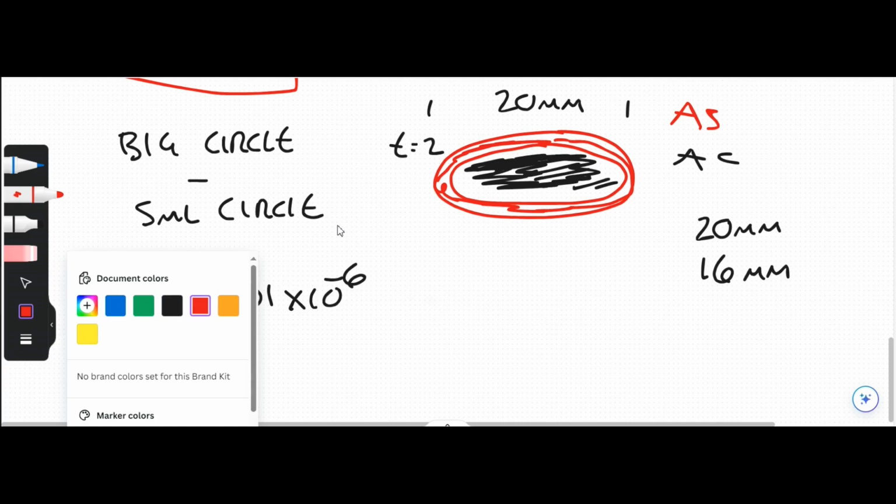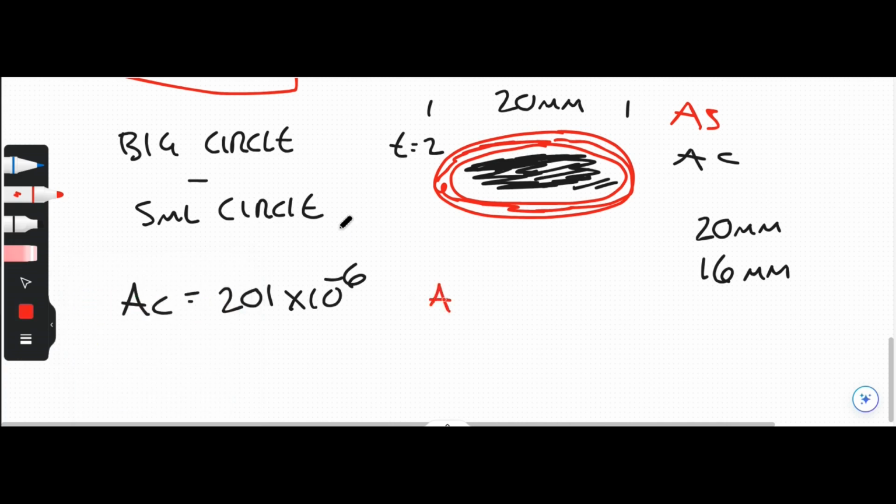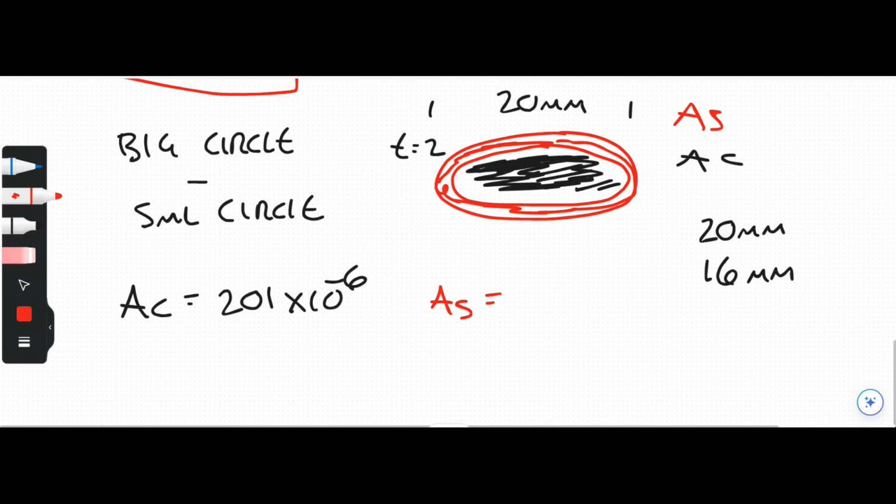I'll do an example in class once. The area of my steel is 113 times 10 to the minus 6 square millimeters.